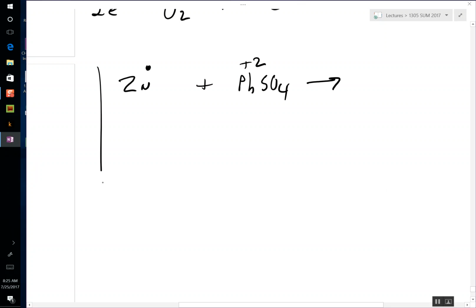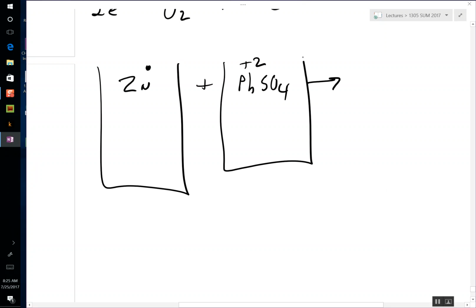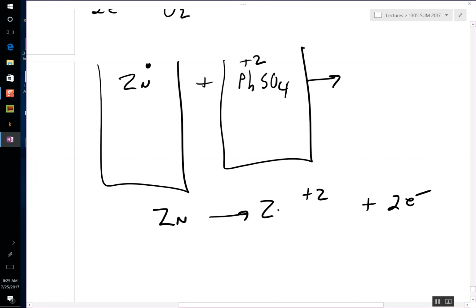What the battery is doing inside is separating these two things, so that you can have zinc going to form the zinc ion and losing 2 electrons.